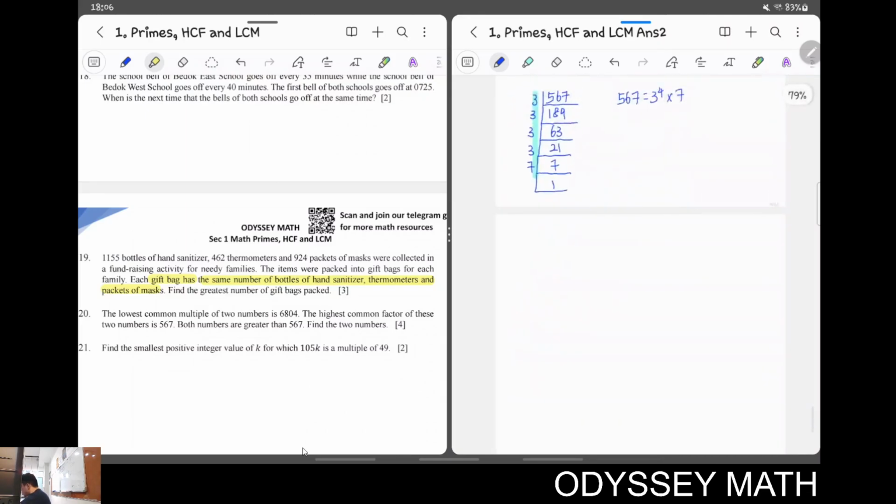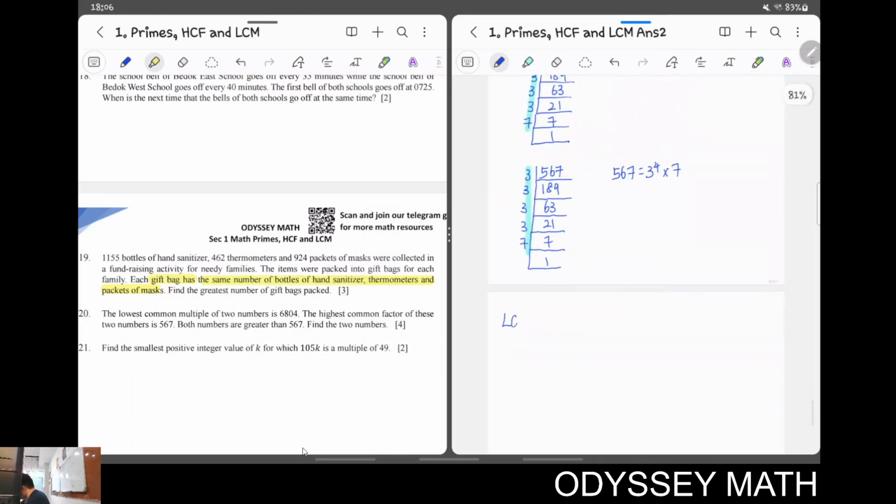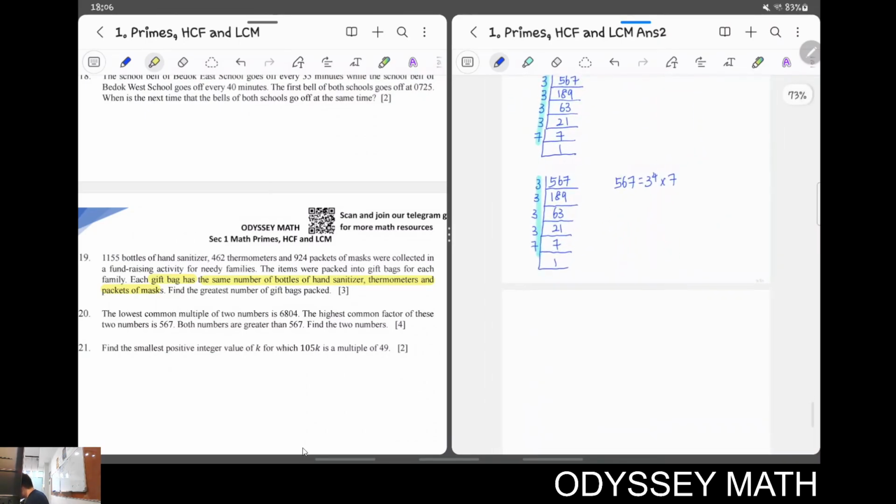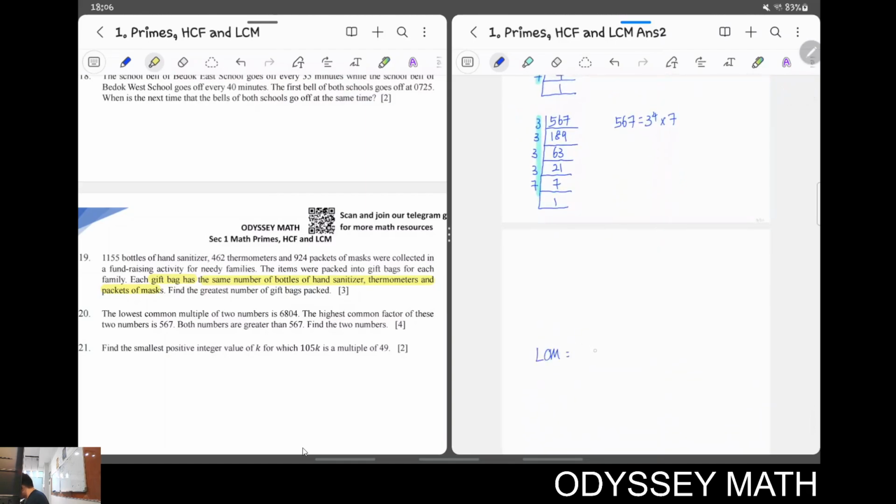So what we're going to do here is rewrite everything properly. LCM is 2 to the power of 2 times 3 to the power of 5 times 7.